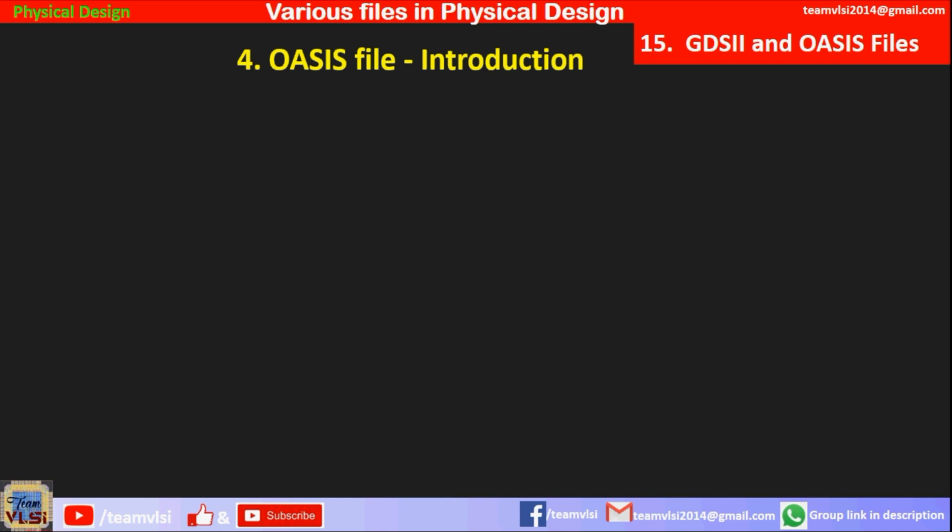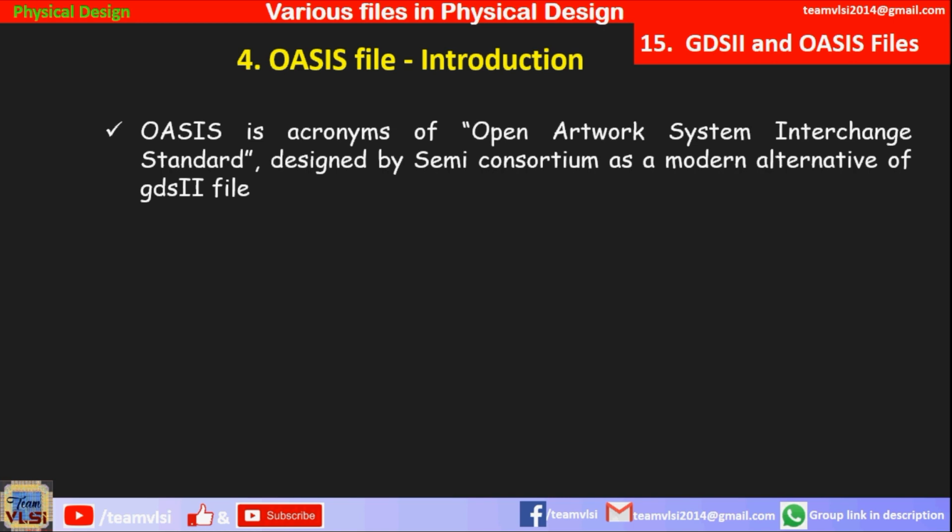Now let's see the OASIS file by its introduction. OASIS is an acronym of Open Artwork System Interchange Standard, and it was designed by the SEMI consortium as a modern alternative to the GDS2 file.